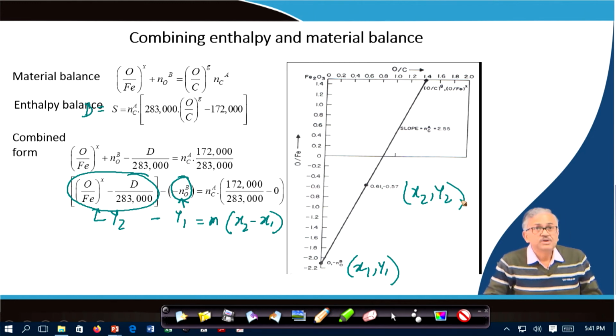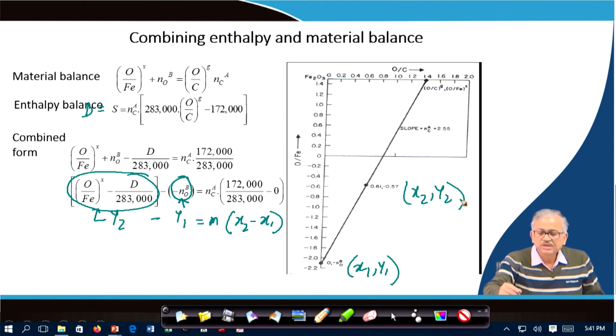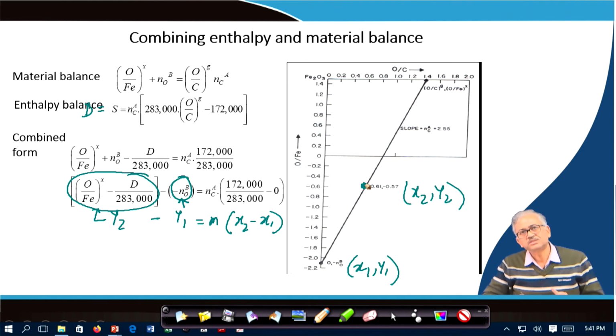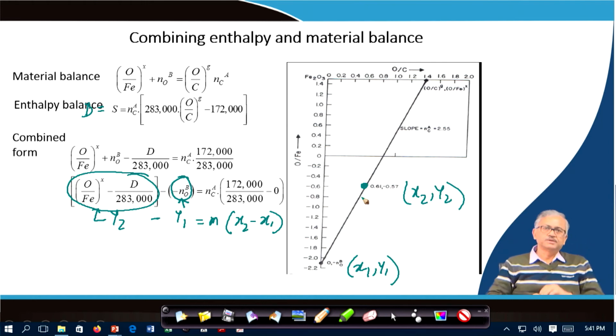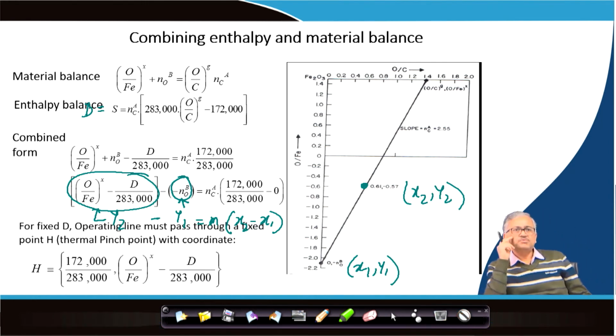So you got this line. Now in this operating line, I have a fixed point here. This point is fixed, because for a particular heat demand in the furnace, you have to pass through this point. That's why for a fixed demand, the operating line must pass through a fixed point H, called the thermal pinch point, with coordinate x2, y2.